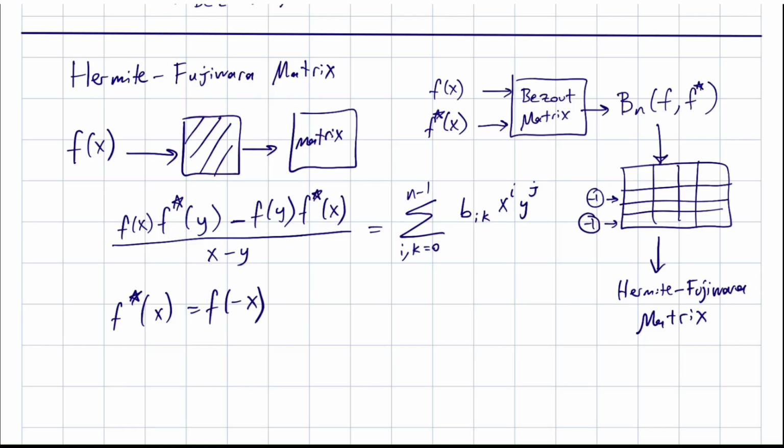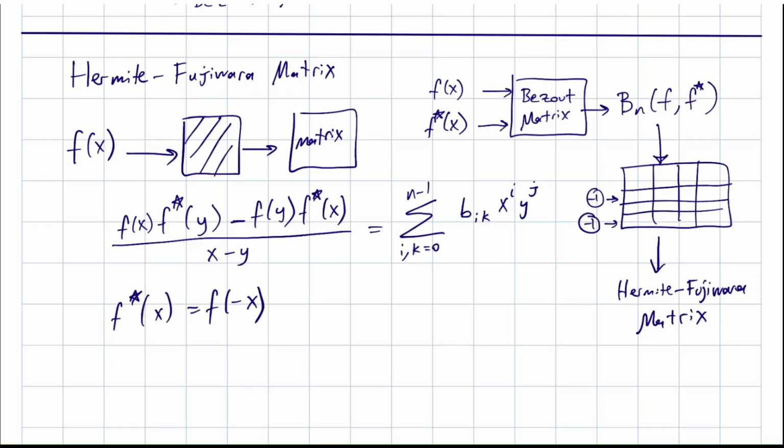Unlike the previous video where we were talking about the Bezout matrix, where we had two polynomials, f of x and g of x, and by doing some process we computed a matrix whose entries are populated by constant numbers, no symbolic variables like x and y, just numbers.